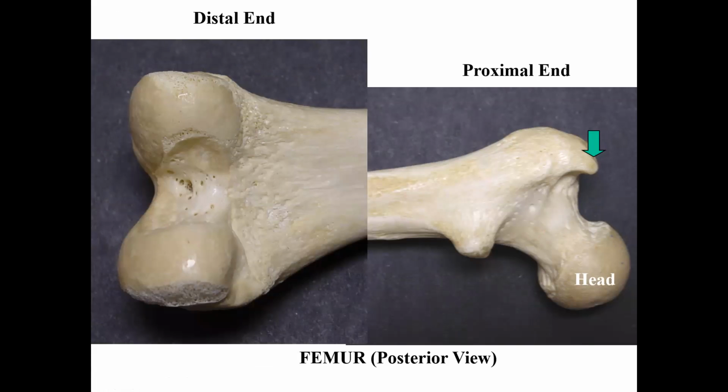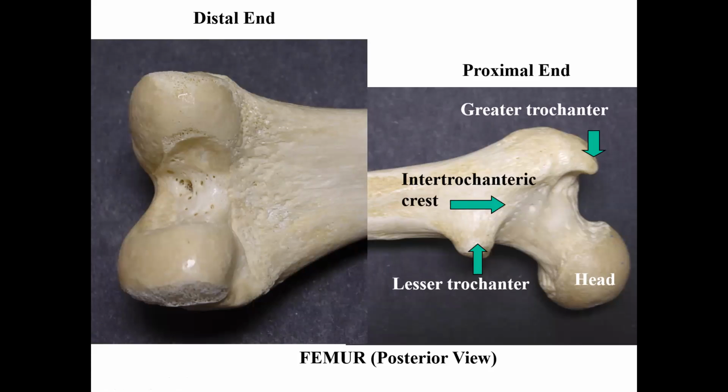It seems to be more prevalent in postmenopausal older females that are experiencing osteoporosis. Greater trochanter, lesser trochanter. The lesser trochanter is on the same side as the head. We have the intertrochanteric crest now. It's a line across there.